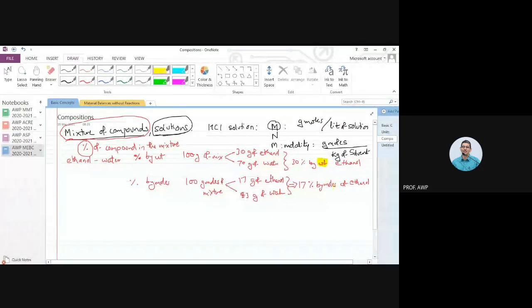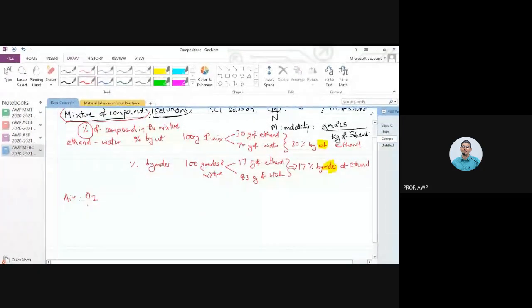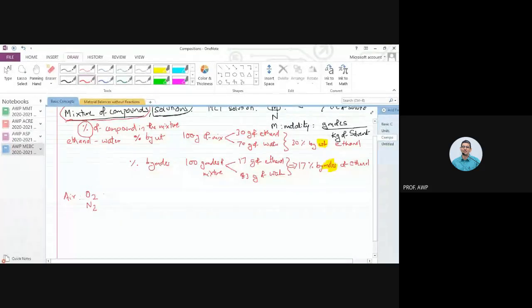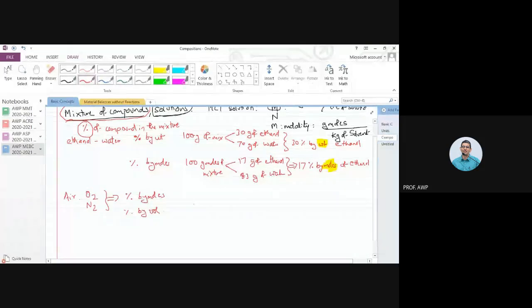Okay. Sometimes we would write, let's say, air contains oxygen and nitrogen. So here we talk either in terms of percentage by moles or percentage by volume. They are the same. Why?